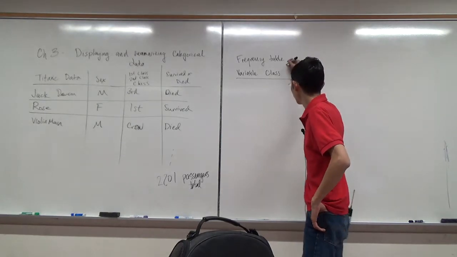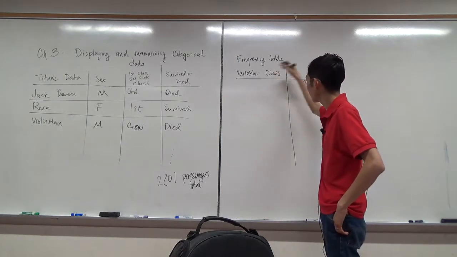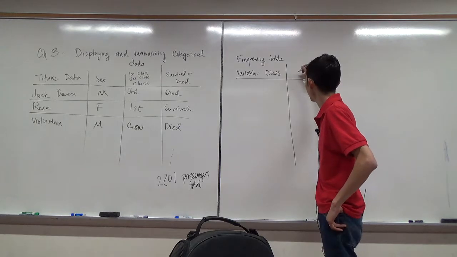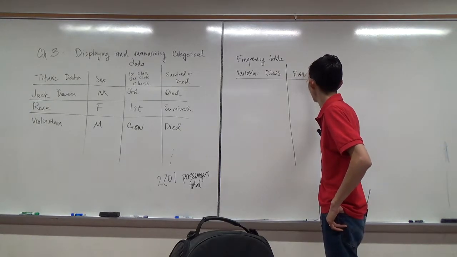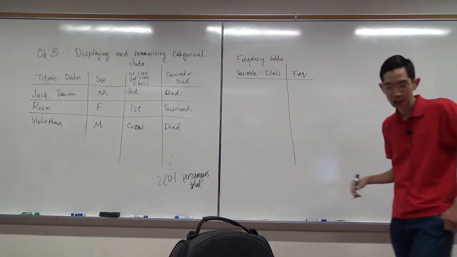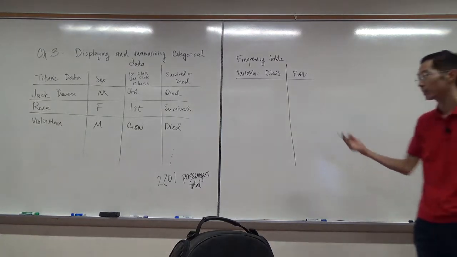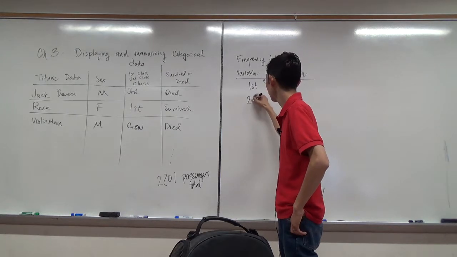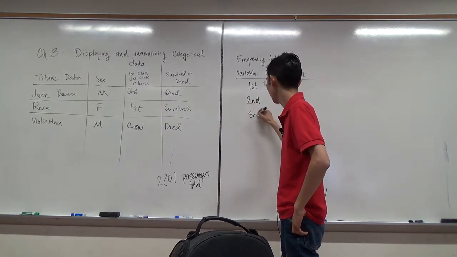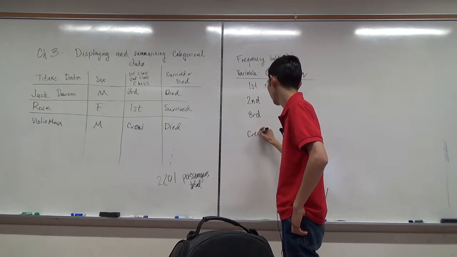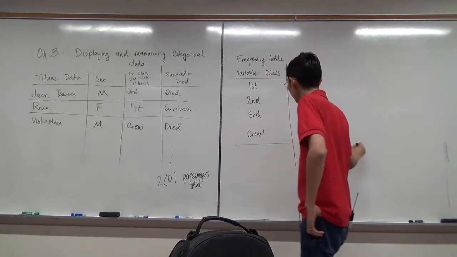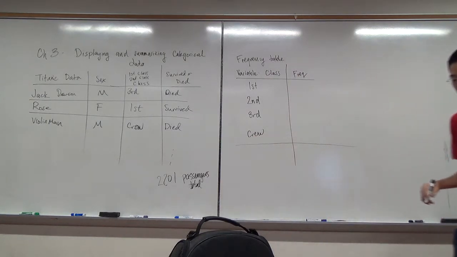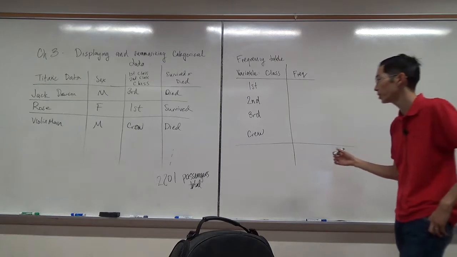All right. And so on one side we would have the variable, and over here we would have the frequency. And we would list the different categories. So we have first class, second class, third class, and we have crew members. The frequency would just be a count of how many people, okay?